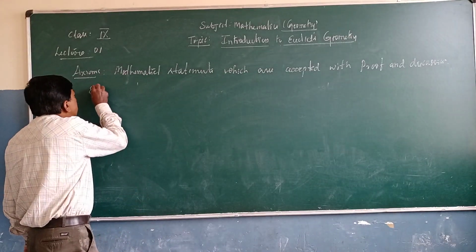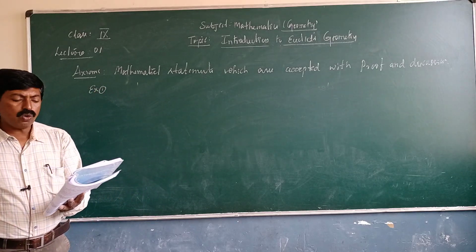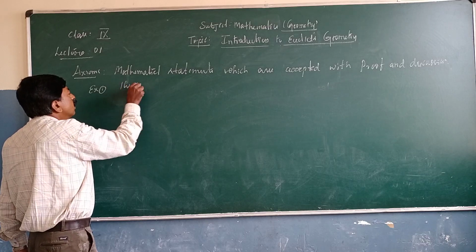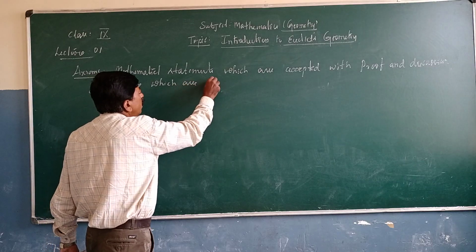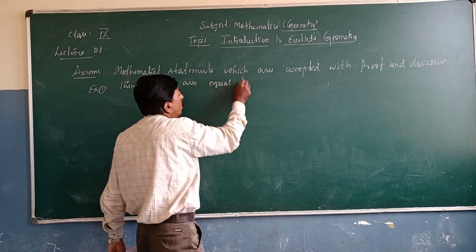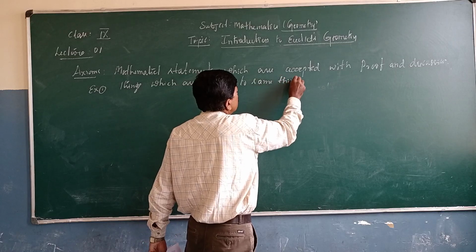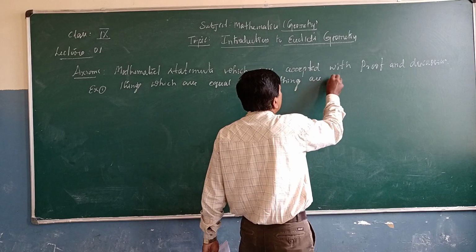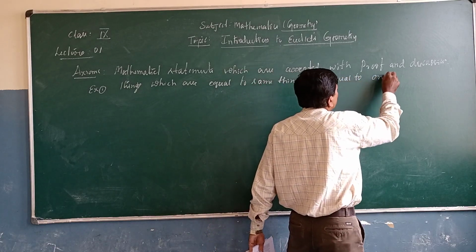So the first axiom is: things which are equal to same thing are equal to one another.